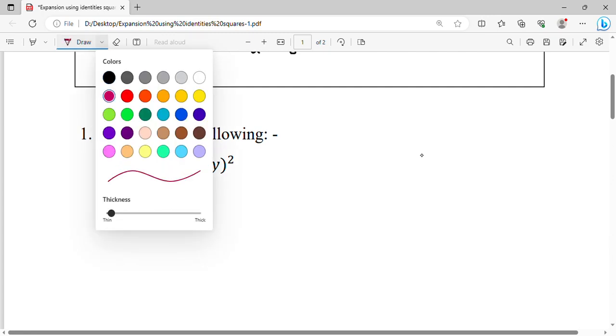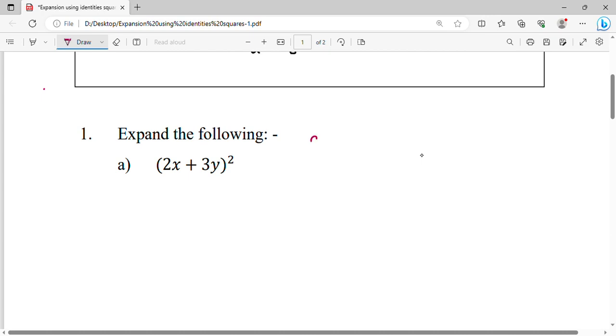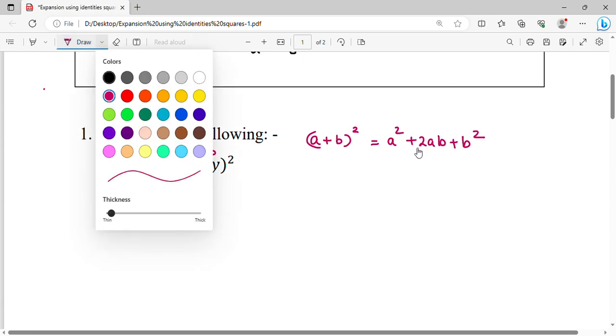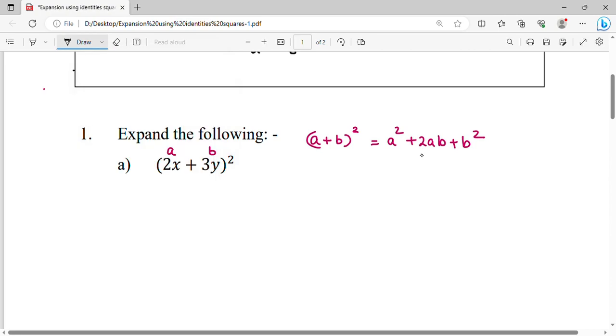So let's recall the identity. This is of the form a plus b the whole square is equal to a squared plus 2ab plus b squared. So you would see that this is a and this is b. So I would just apply the formula a squared.